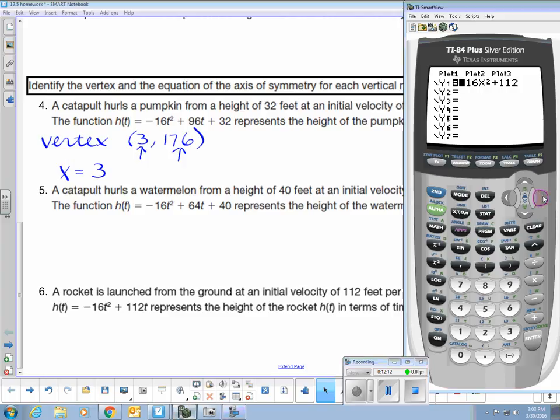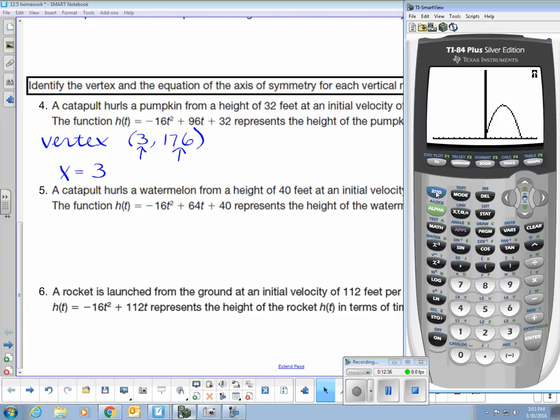I forgot to put in my x value before I graphed it. All right, let's try that. What I notice is that the rocket is being launched from the ground at 0 seconds, 0 feet.